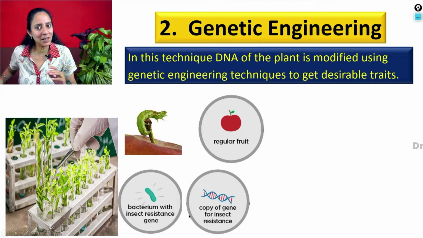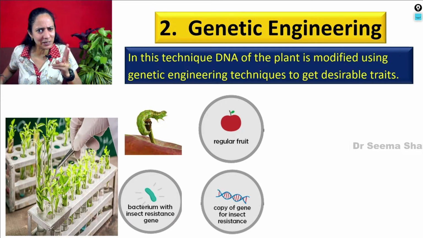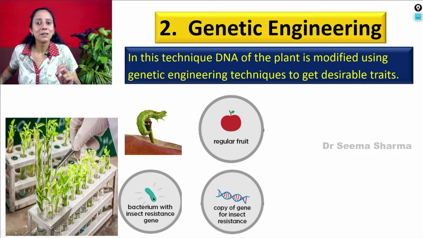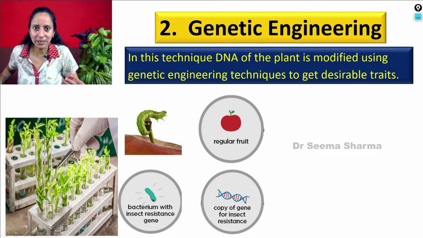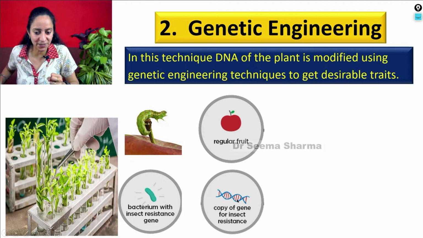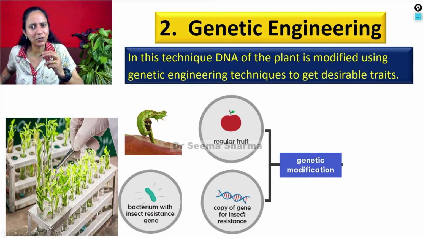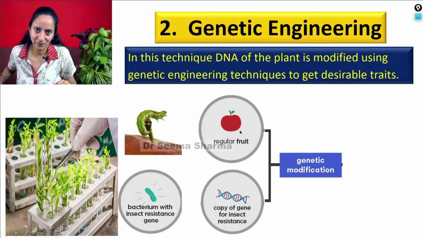So they are taking out the DNA, only that part. They are cutting only that fragment of genetic material of the bacteria which has the ability of insect resistance and incorporating that fragment of DNA into this plant.